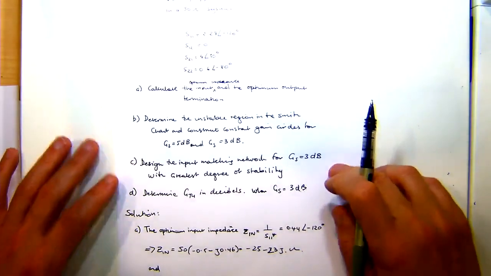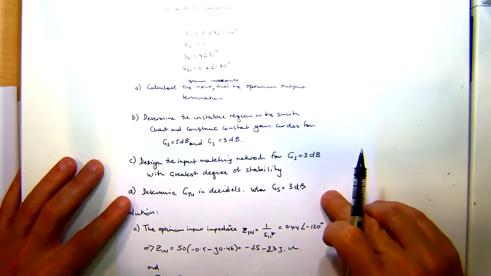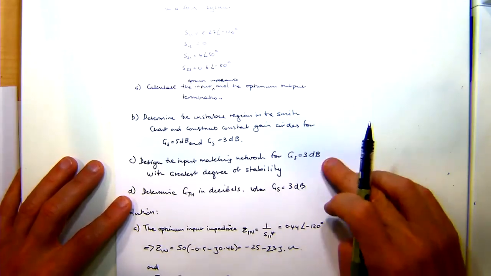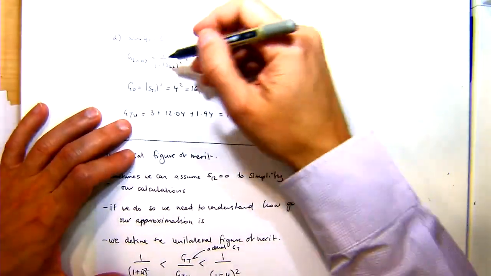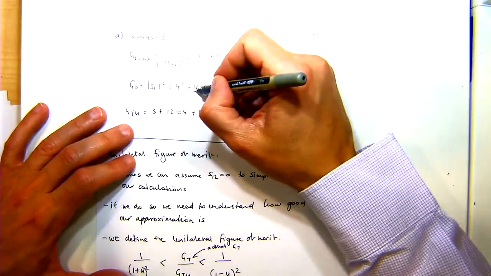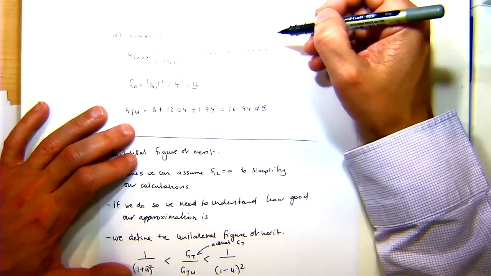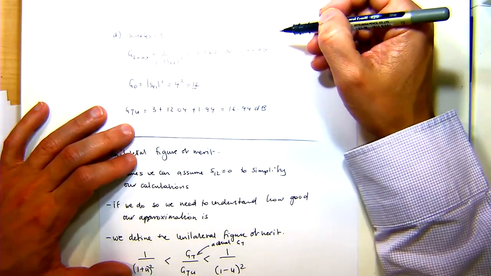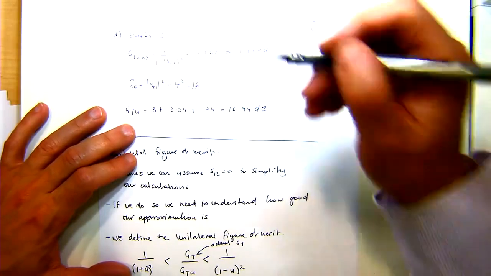Okay, so we've done this, and then what we said is, let's work out the total gain in dB if we were on the 3dB circle. Essentially GL is 1.94 dB, G0 is 16, and 10 log 10 of 16 is, I don't know, 12 or 13, someone can work that out.